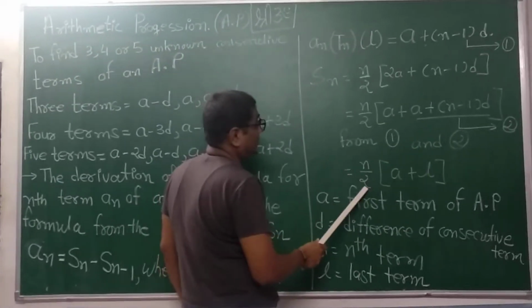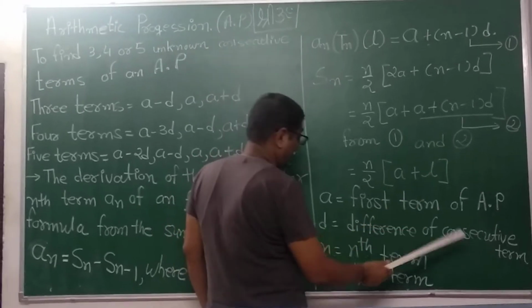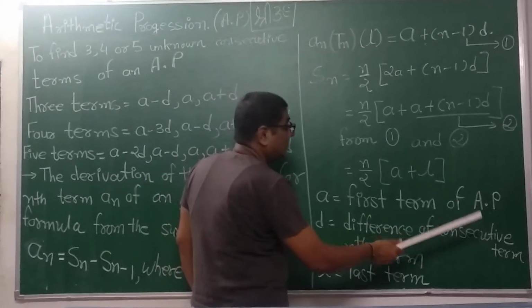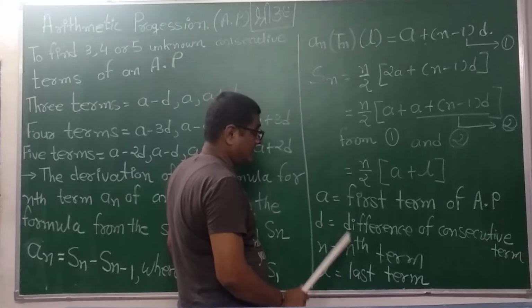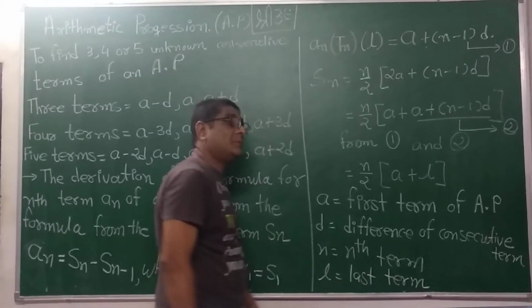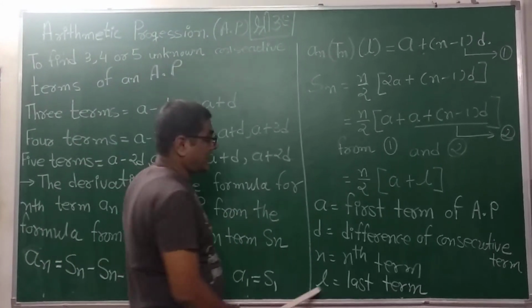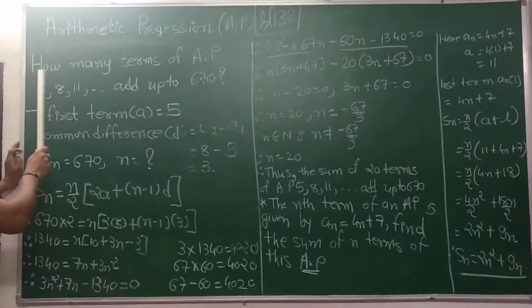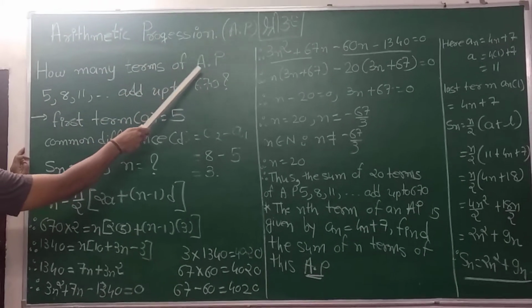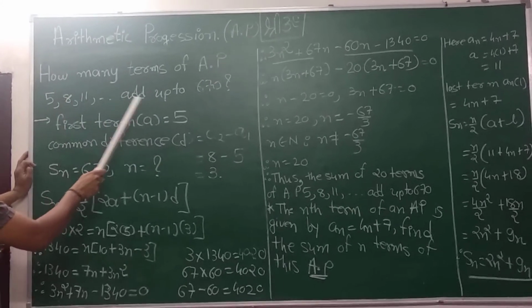So it is n upon 2 bracket a plus l, where a is the first term of the AP, d is the difference between two consecutive terms, n is the number of terms of the AP, which in a sum is demanded, and l is the last term.